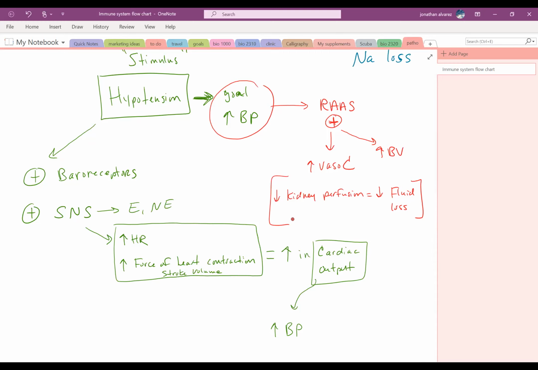If there's decreased perfusion, you're keeping fluid. All right, and by keeping fluid, you are increasing the volume, right? So if your body is retaining fluid or keeping fluid, that's going to increase your volume, okay?